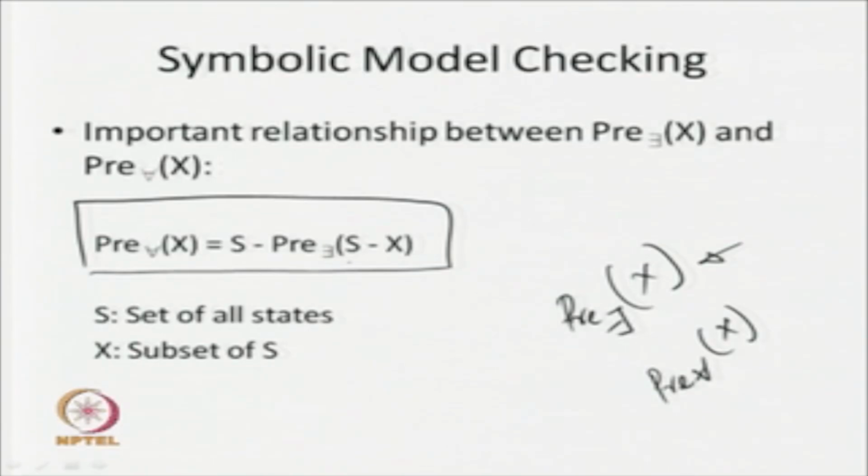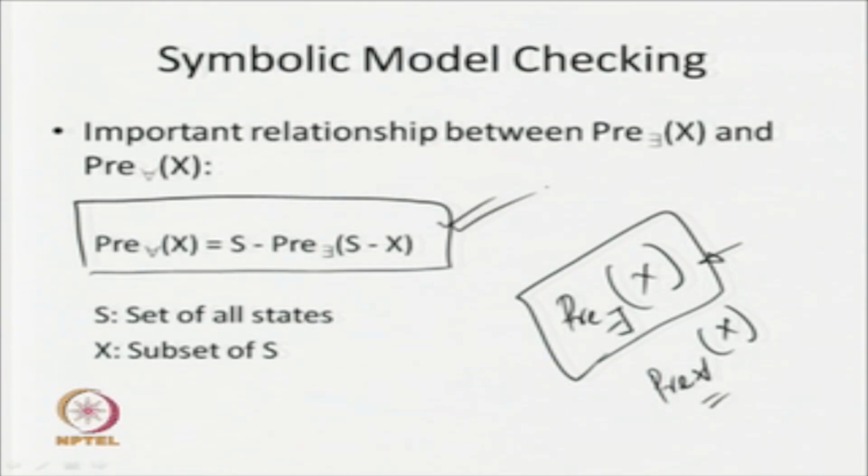That means we need one procedure to calculate pre exist X. If we have this procedure to evaluate this set of states, then we can evaluate the other one also by using this relationship.